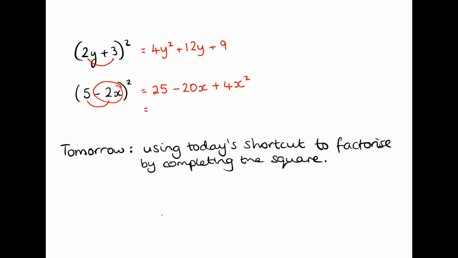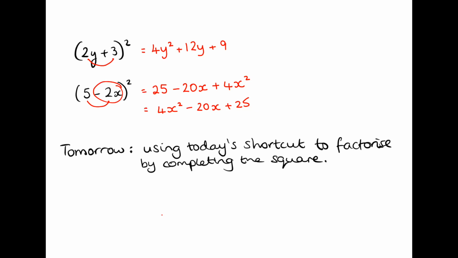So we could write this one the other way round. We could change the order of the terms and say it's 4x squared, whoops, not plus, minus 20x plus 25.